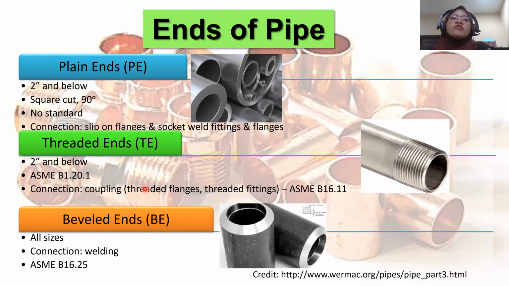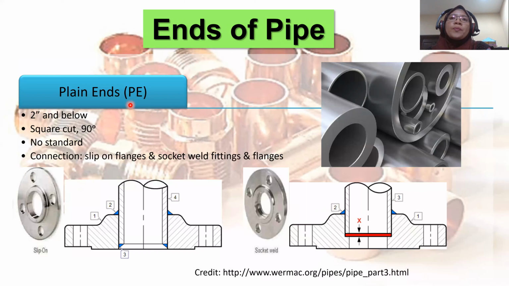There are several types of pipe ends. The most commonly specified in ASME B31.3 are plain ends, threaded ends, and beveled ends. Plain ends, PE, are usually for smaller pipe sizes, 2 inch and below.